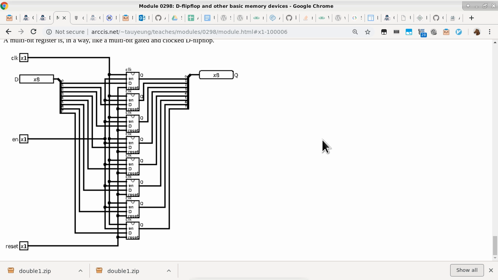Would it be called synchronous then? Synchronous describes the operation of the D flip-flop over time. It only changes when we have a transition, so it doesn't describe the topology of how the wires are connected, okay? What about the enable pin?